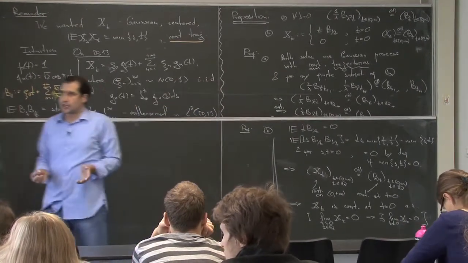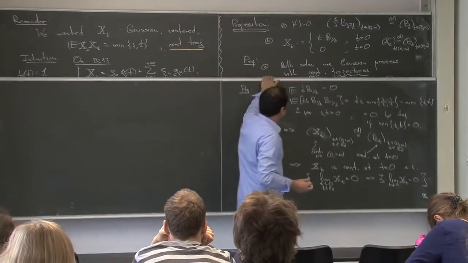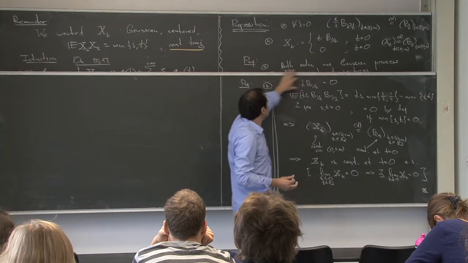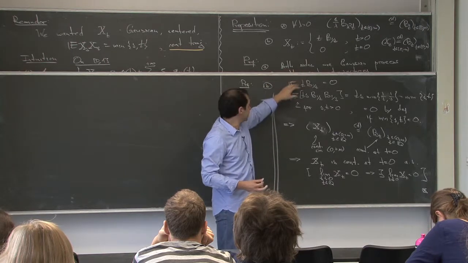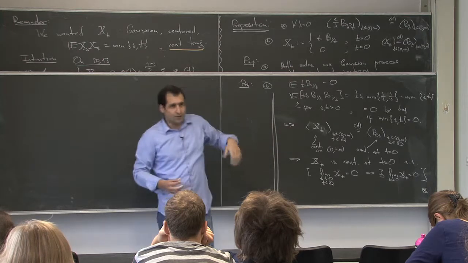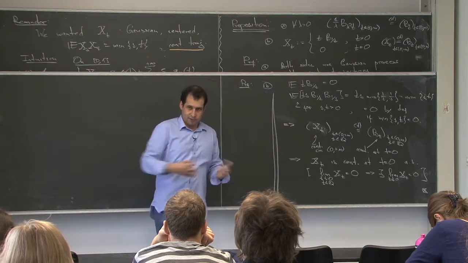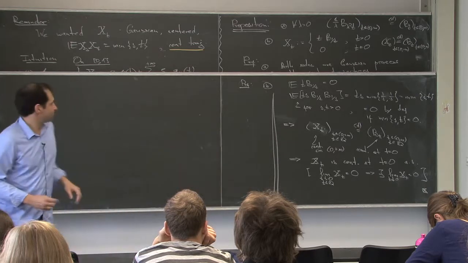So for instance, if you ask about the modulus of continuity, say, of B_t at 0, this is basically the question about how fast B_t grows at infinity. It's just the same. Okay?